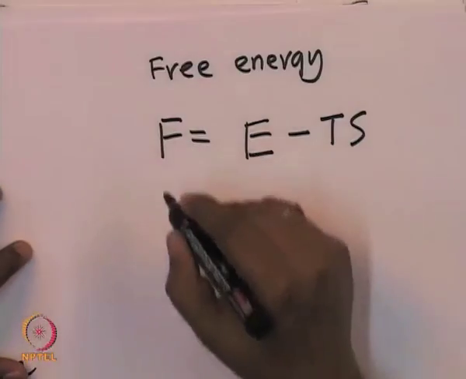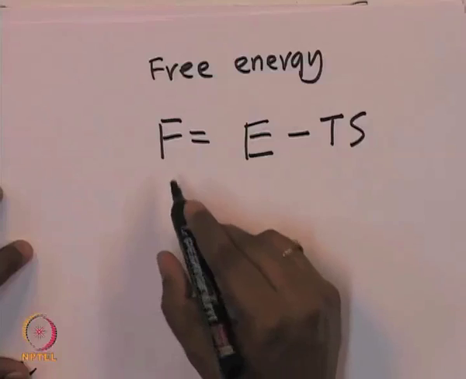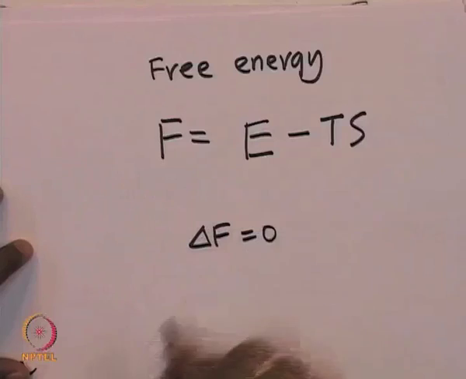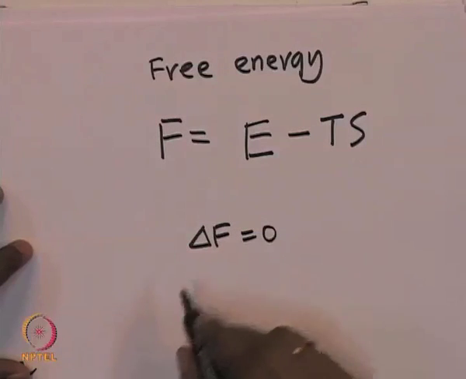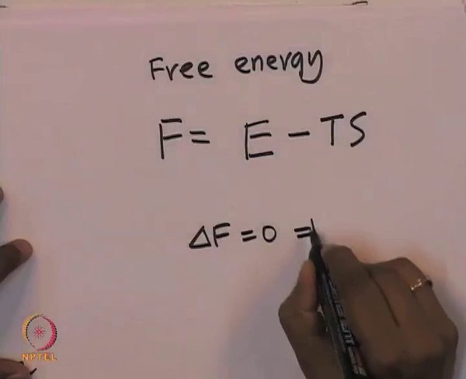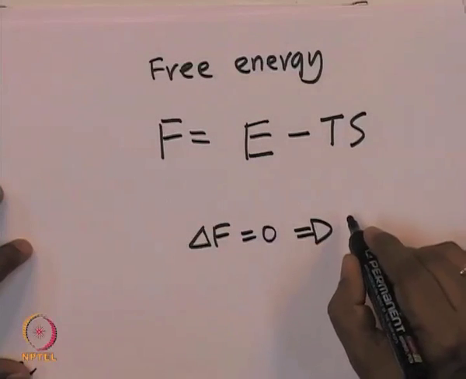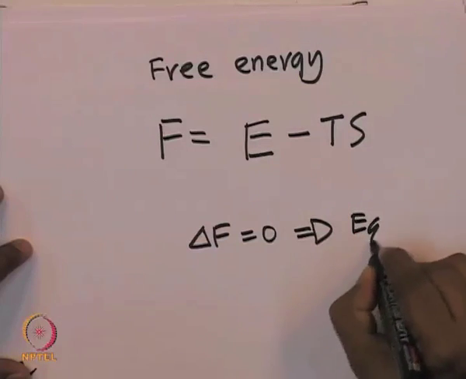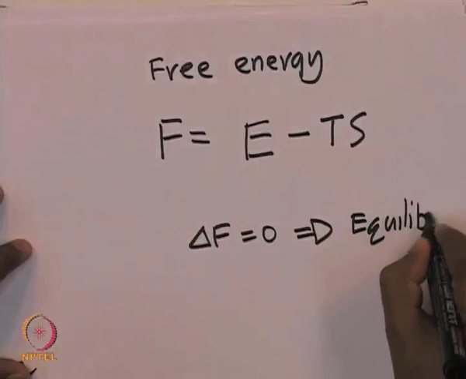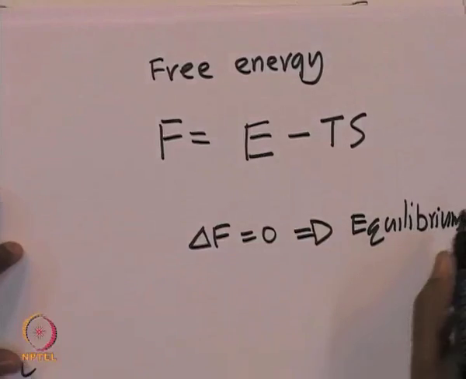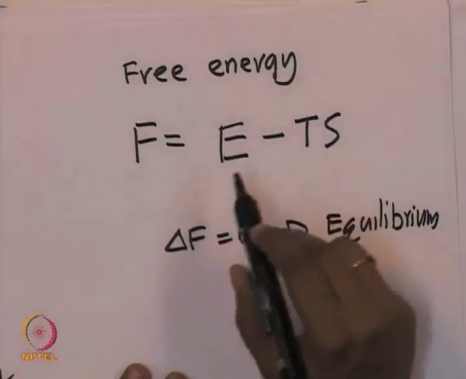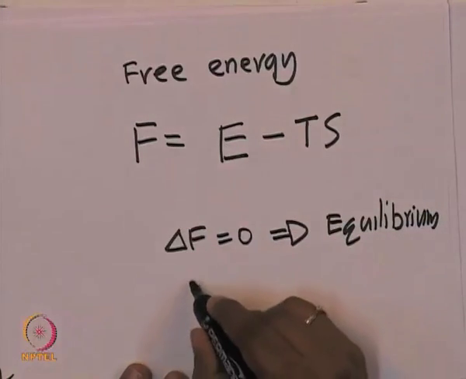Whenever F is minimum or delta F is 0, you will lead to equilibrium. So this is the definition of equilibrium. A system is in equilibrium when the free energy is minimum or the change in free energy is 0.